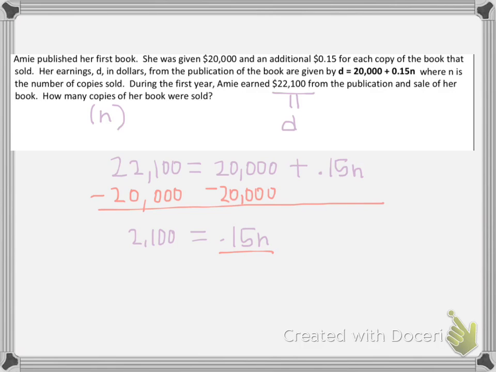Divide both sides by 0.15. So when you divide 2,100 by 0.15, that means that we sold 14,000 copies. So 14,000 copies were sold.